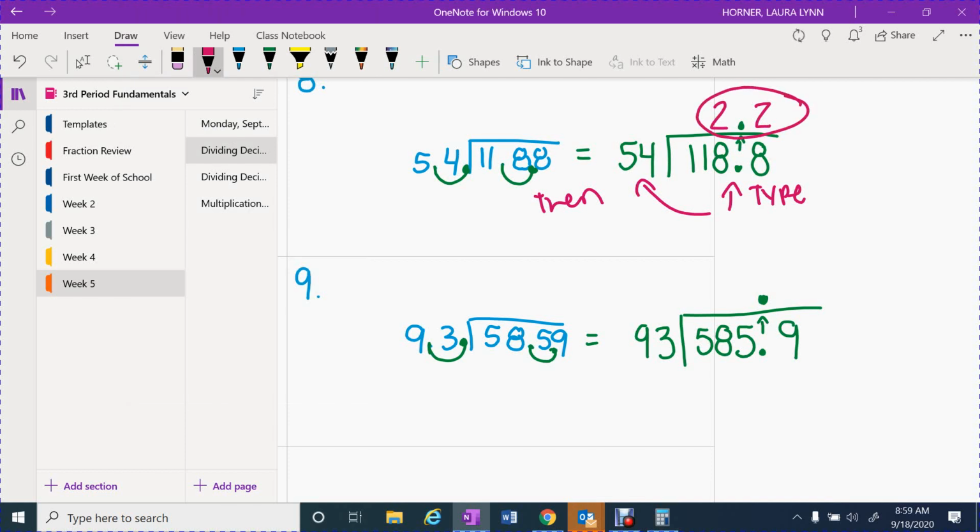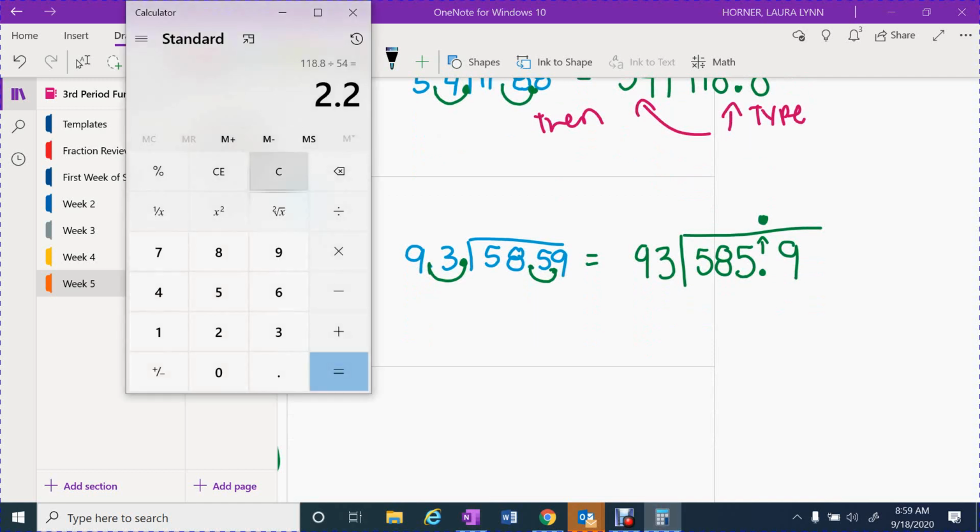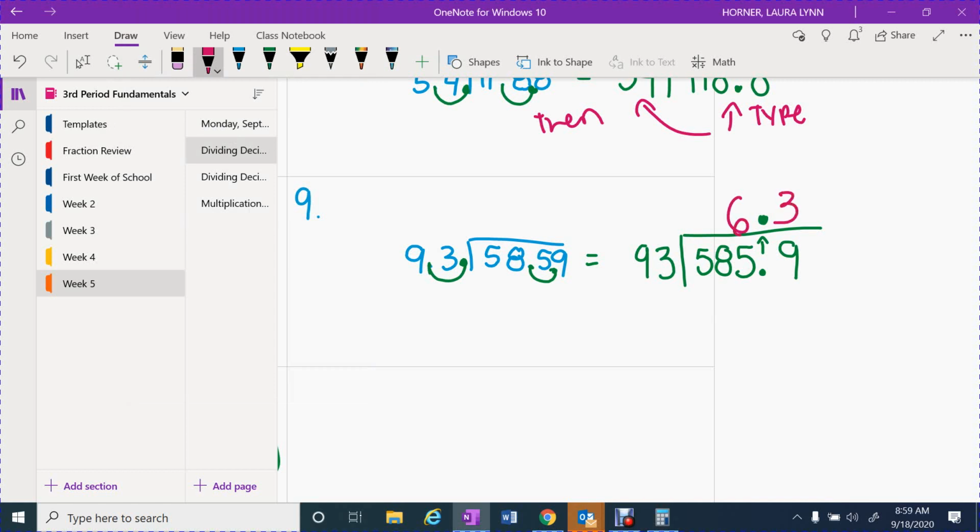Hopefully you guys got that same thing. Let me know tomorrow if we're having any problems with our calculator. Clear it. Last one. 585.9 divide by, see, number on that side is 93 equals 6.3. Hopefully we got that answer.